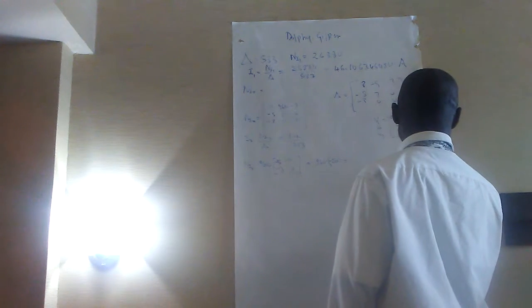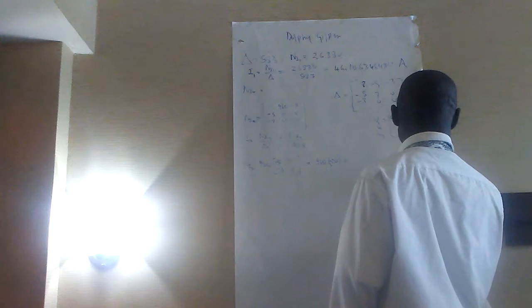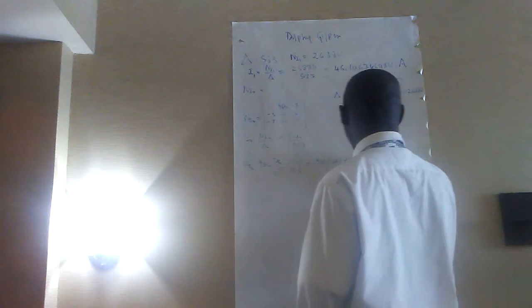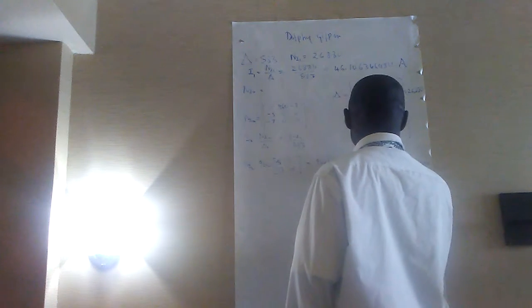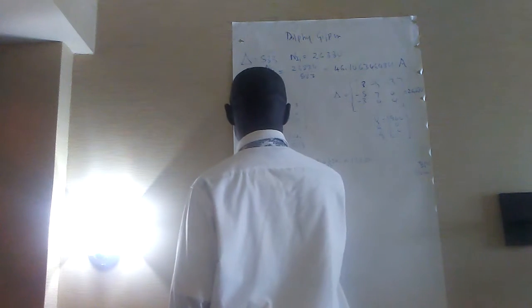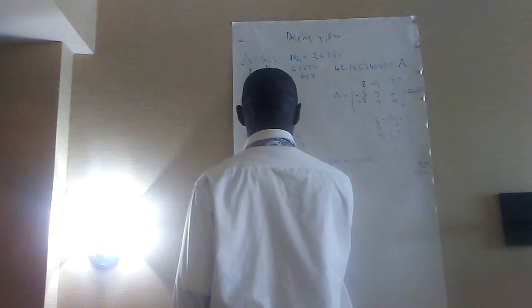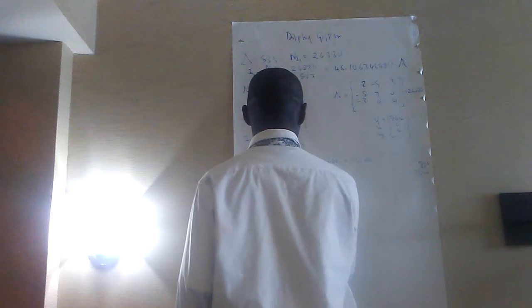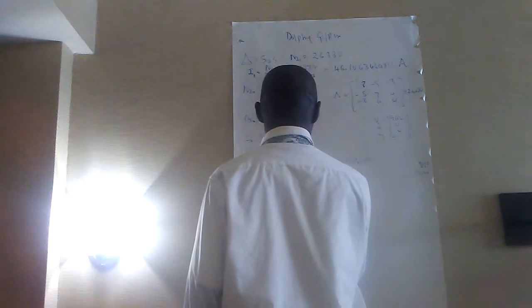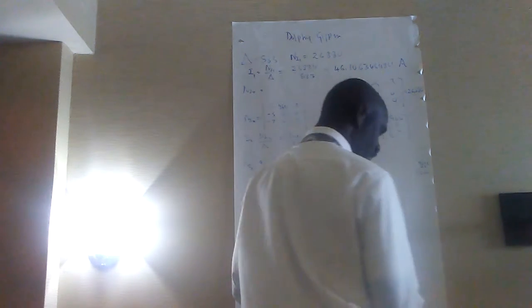That will be 19,200. So now I2 is equal to 19,200 over 583 amperes.